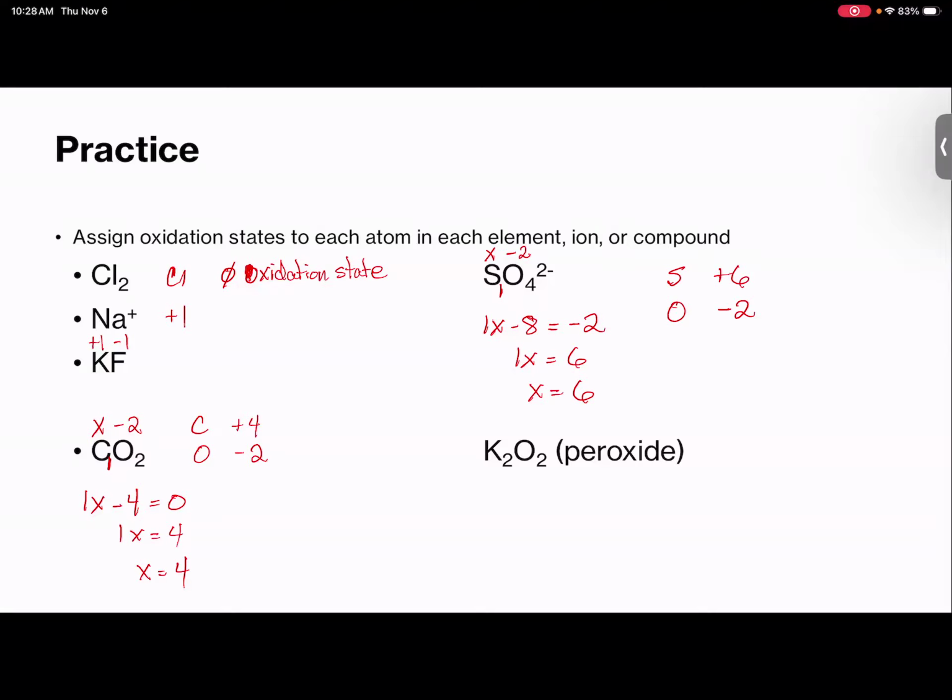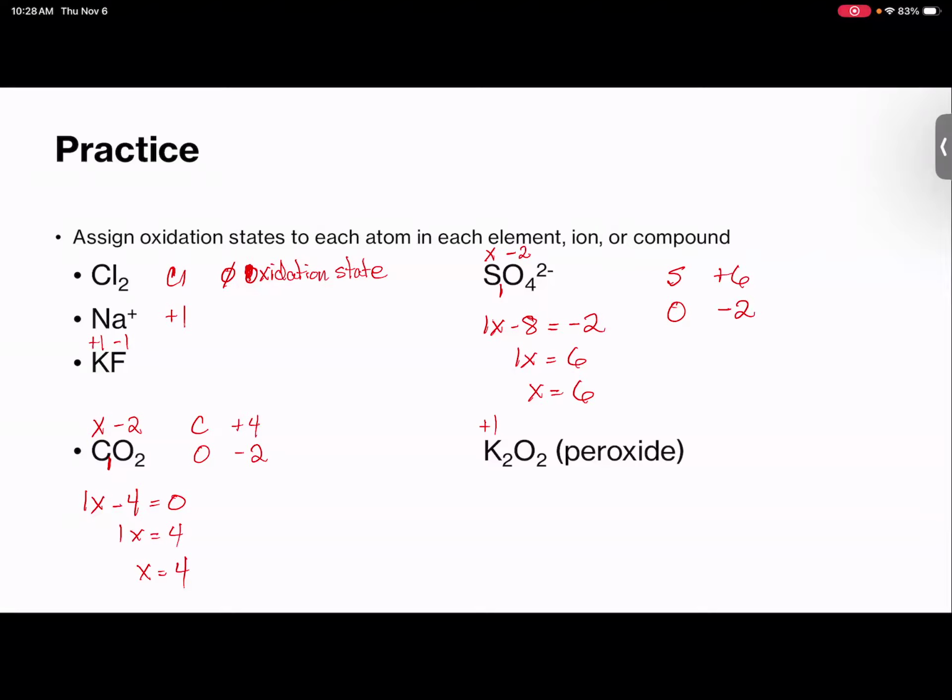In the next one, K2O2, I tell you it's a peroxide. But before we get there, we can go through the rules. There's not a free element here. We're not talking about a monoatomic ion. We are talking about an ionic compound. For ionic compounds, the metals are going to have the same oxidation state as their charge. So that's going to be a +1.